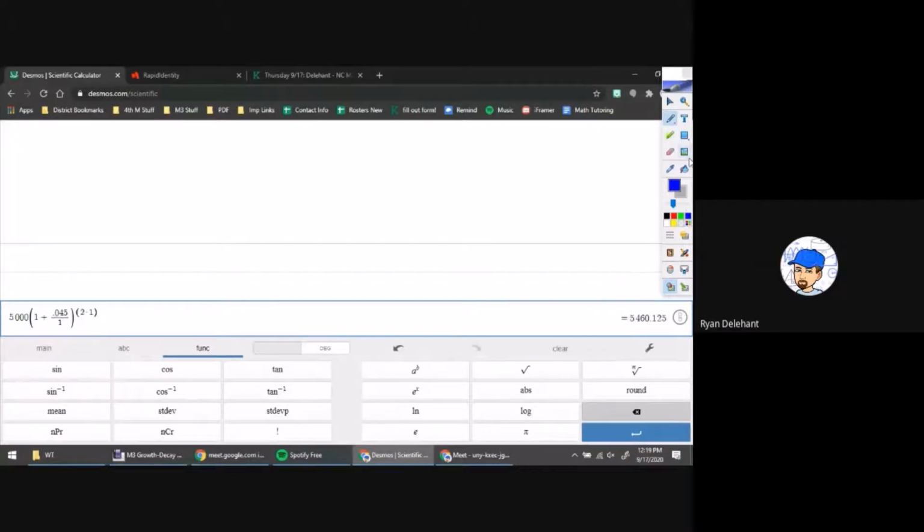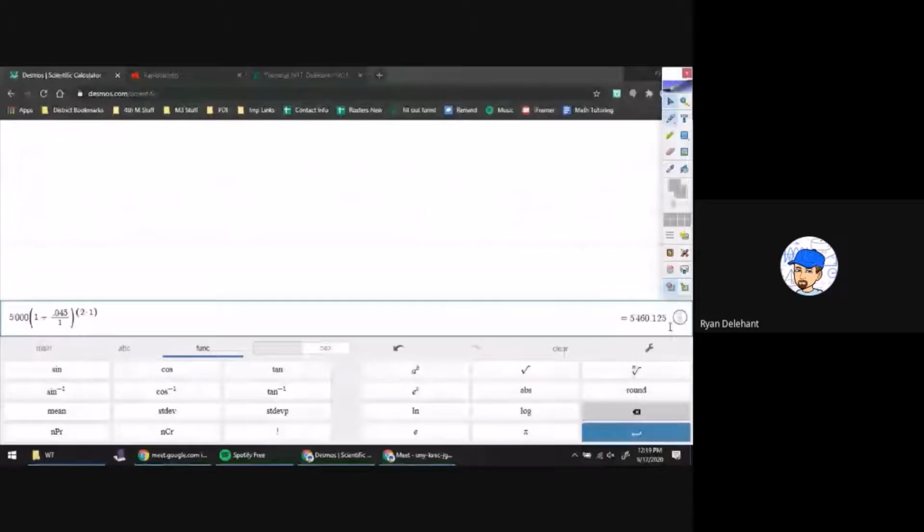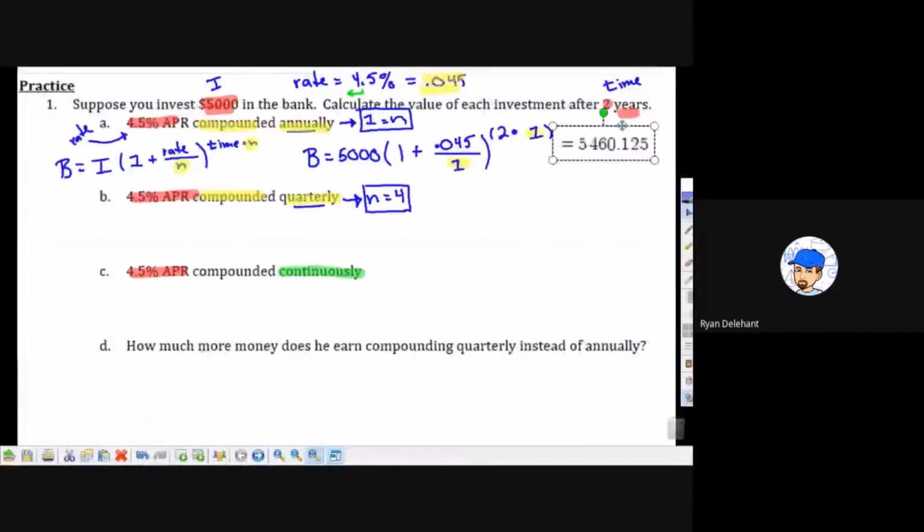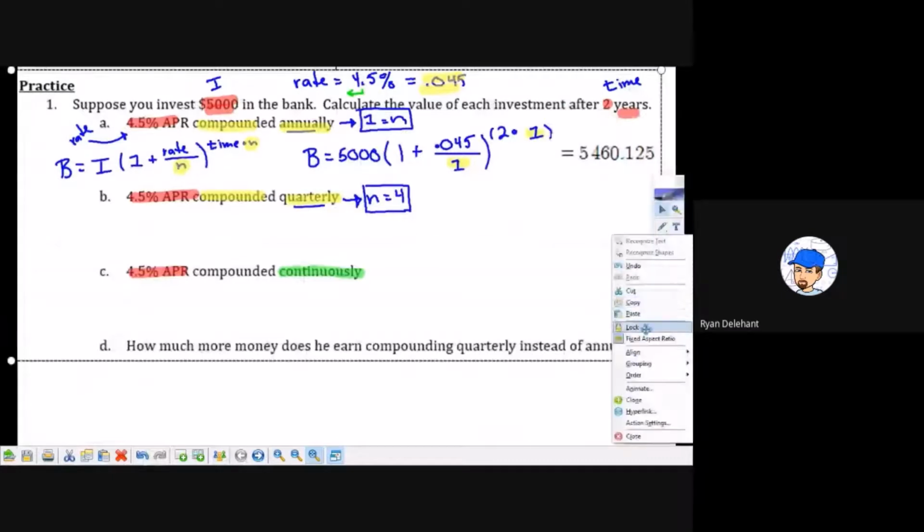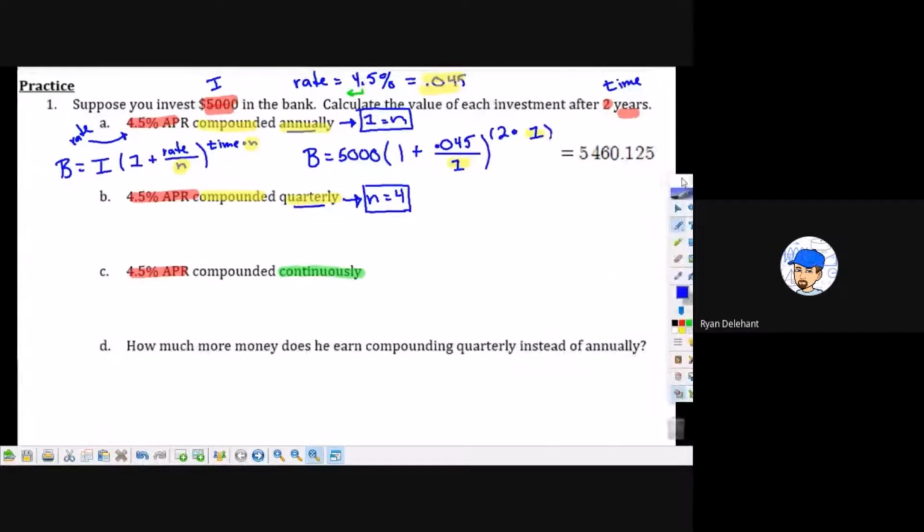So I'm actually going to screen clip this onto our problem so we can see it. So plugging this straight into Desmos, this is what I get as an answer. But I also need to be cautious because I'm going to have to round that. Because what are we counting here? We're counting money, right? How many decimal places does money usually go to? Goes to 2 places for pennies. So I only want 2 places for this answer.